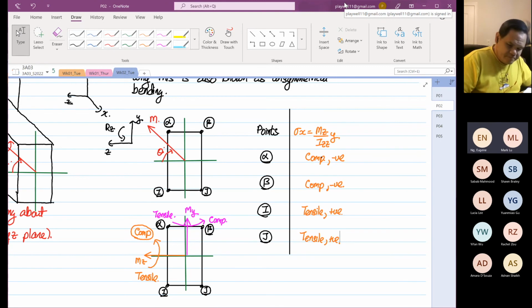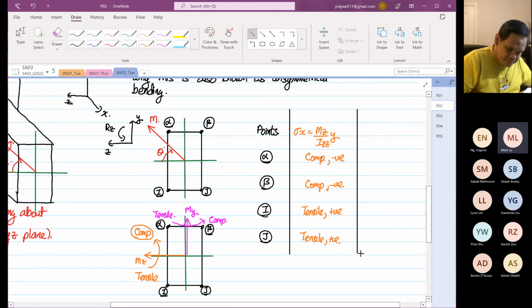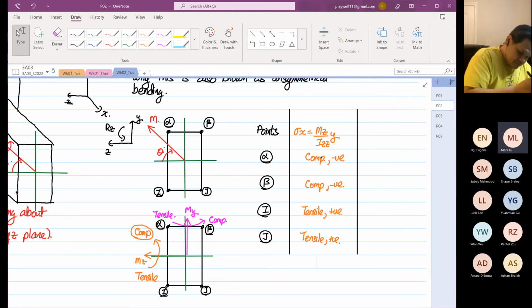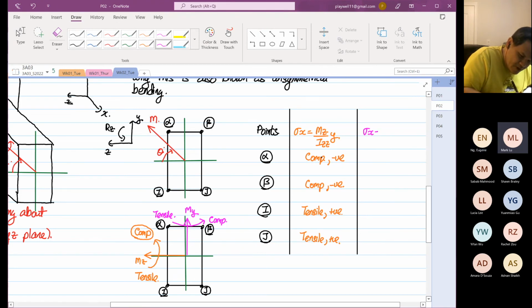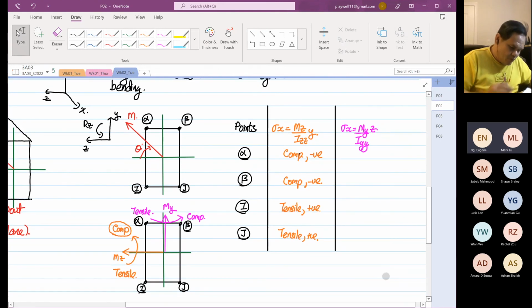Okay, you can see more by examples. We are next going to deal with the pink one. Now this is stress X is equal to My over Iyy multiplied by Z. We're going to focus on My now. So at point alpha, I want you to concentrate on the pink.